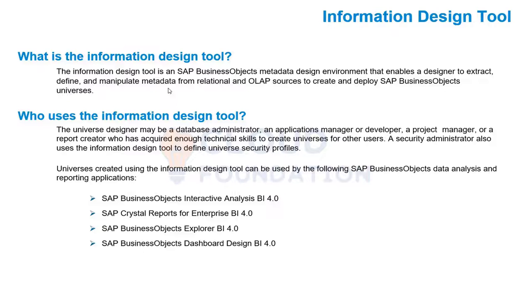We don't need to directly use the objects coming from the database itself. Sometimes we need to enhance them, or perform complex calculations, which we generally do in Excel. Those kinds of calculations, formulas and variables we will create. That is nothing but manipulating metadata from relational and OLAP sources to create and deploy SAP Business Objects universes.